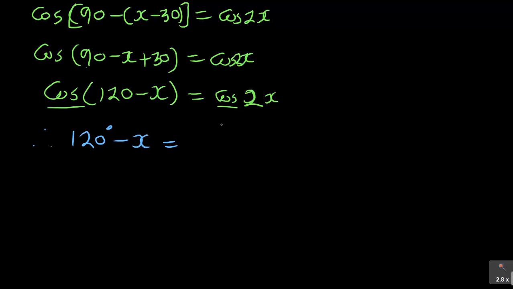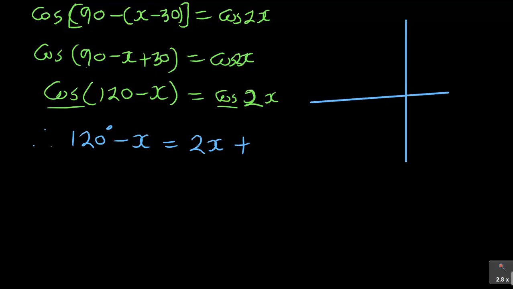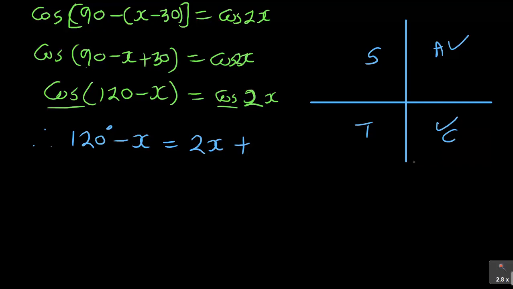So now I'm going to use the general solution for cos. So you are going to say 2x, then you're going to say plus, go back to your cos diagram, and say where is cos positive. All students take chemistry. Cos is positive in the first and in the fourth quadrant, and in the fourth quadrant, remember, is 360 minus theta.